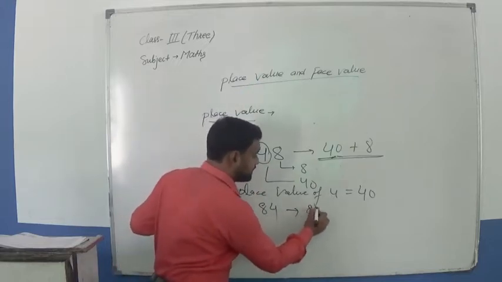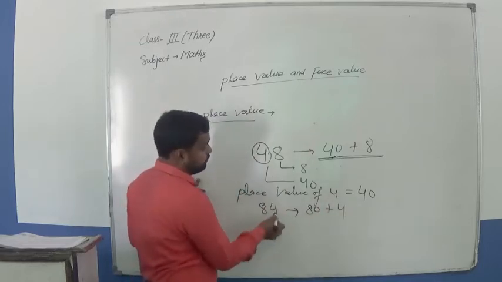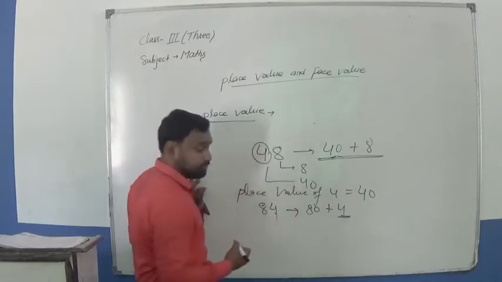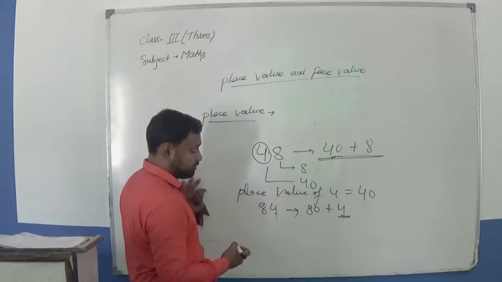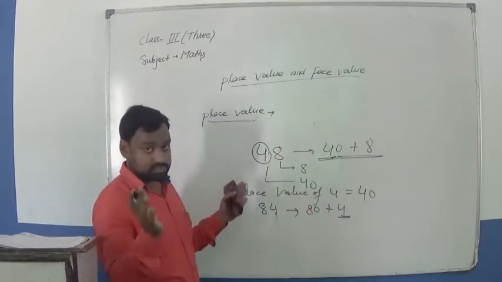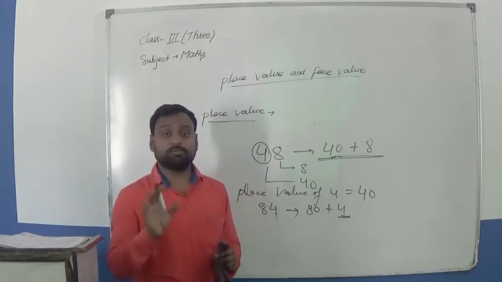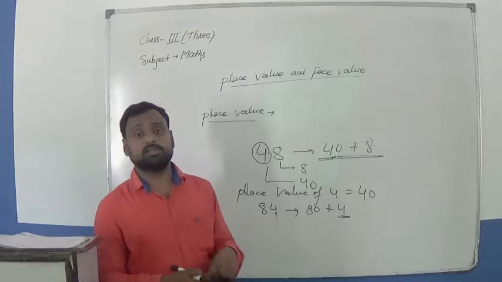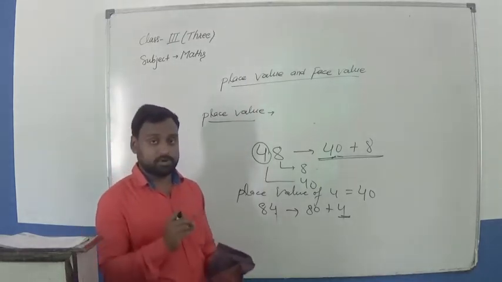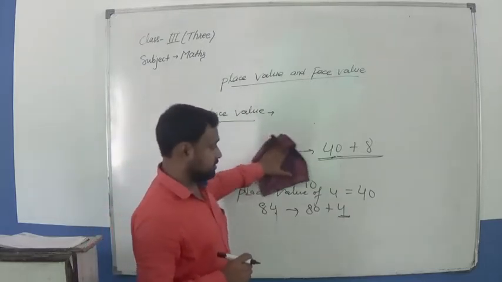In that case, we write 80 plus 4. Here the place value of 4 in this number is only 4, and in the earlier number it was 40. So there is a difference. The value of a digit depends upon the position of the digit in a number.